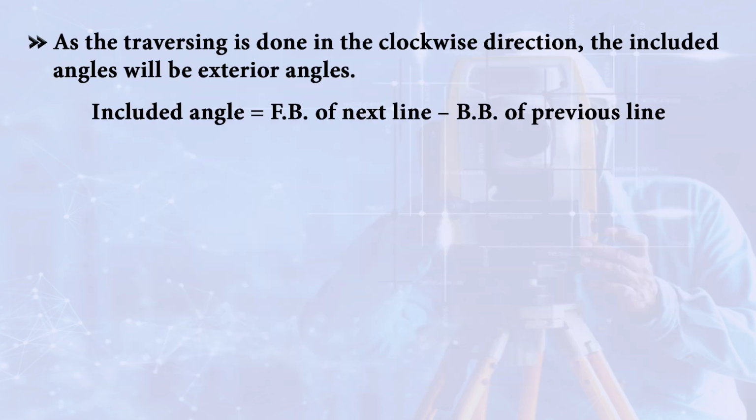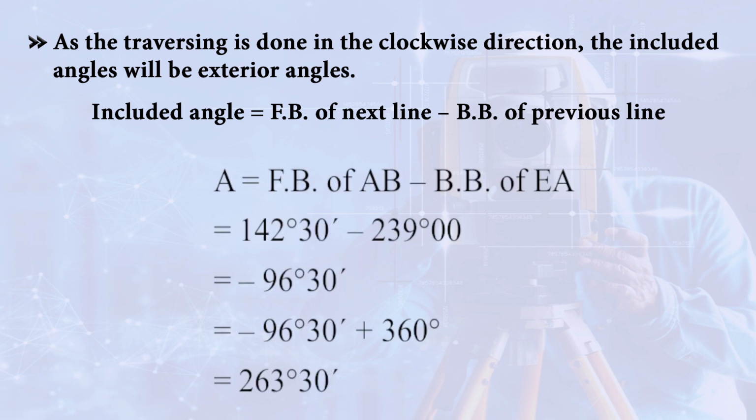Now, as the traversing is done in the clockwise direction, the included angles will be exterior angles. Included angle is given as forebearing of next line minus back bearing of previous line. So, included angle A can be calculated as forebearing of AB minus back bearing of EA.